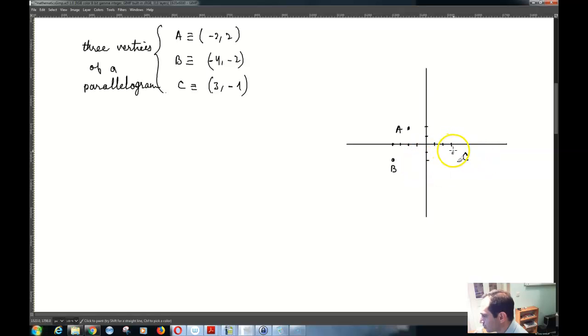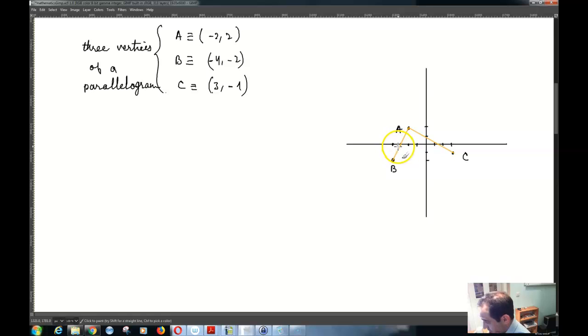This is point C. So if I connected these points together, I will get something like this. And point D must be somewhere over here, because in a parallelogram the sides must be parallel, of course, and that would be most probably something like a rectangle.